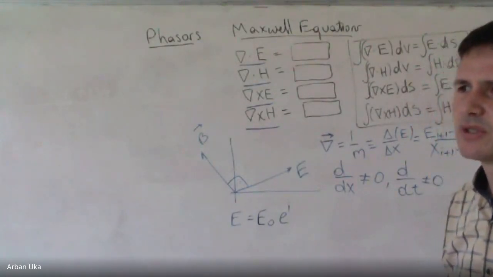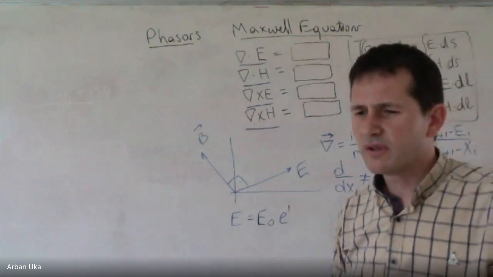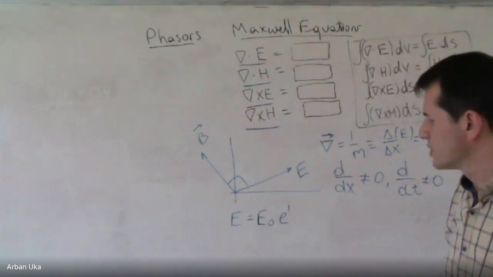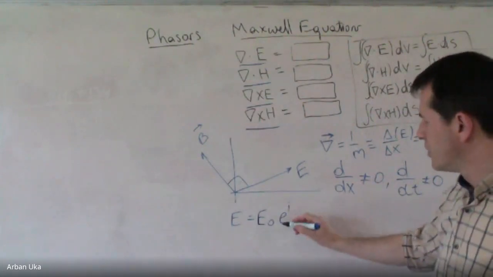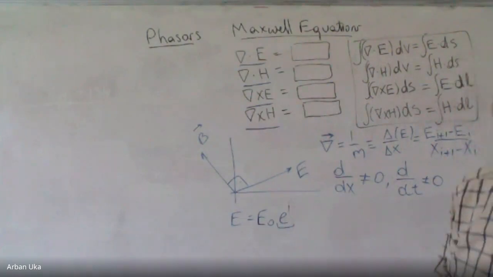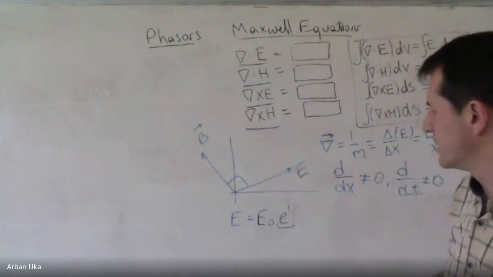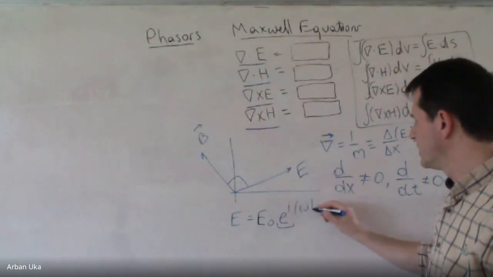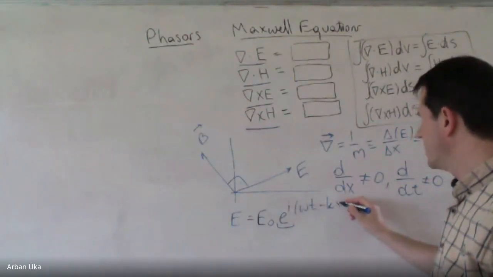That does not obey the conservation laws, and we don't have infinitely large sources of electric field. But the moment we have here a complex term, we see that this is not going to exponentially increase or decrease, but it's going to oscillate. So we have here e to the power j(omega t minus kx).